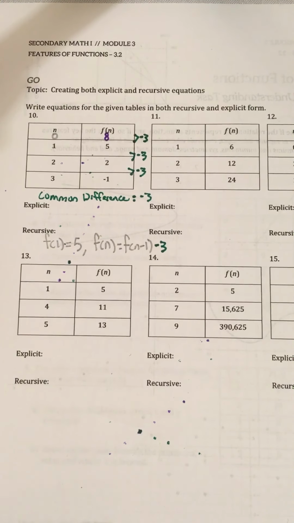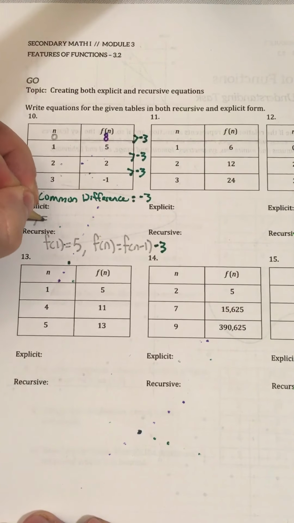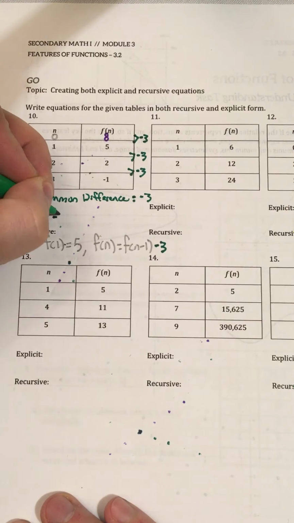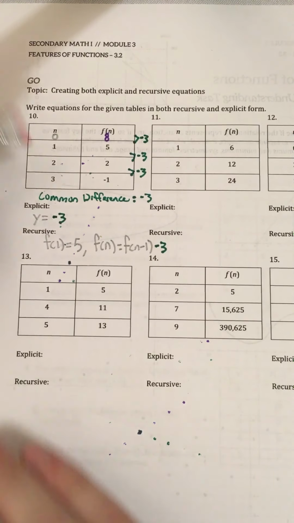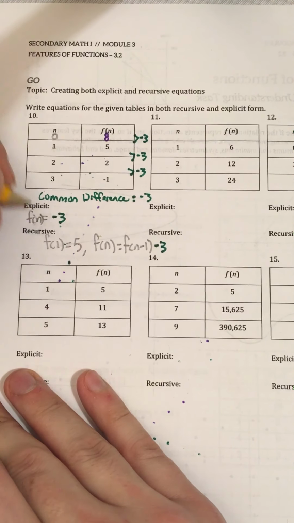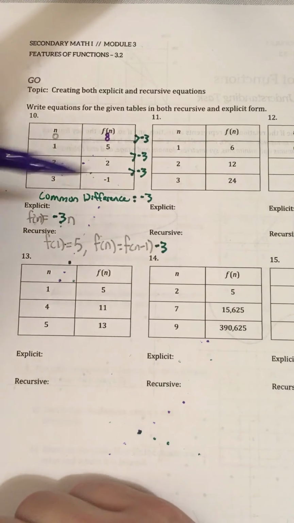And so for slope-intercept form, it would be y equals, and my slope is -3. It's my rate of change, my common difference, -3. So I should write it as f of n equals -3n, and then my intercept is 8.